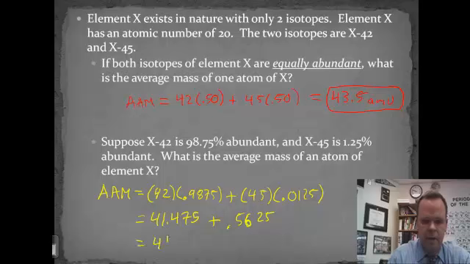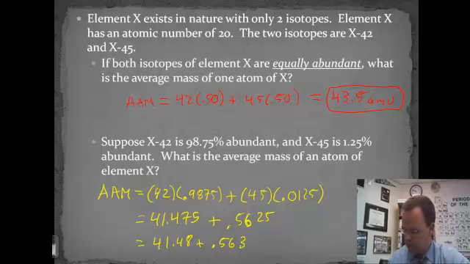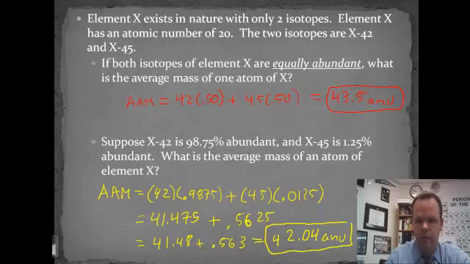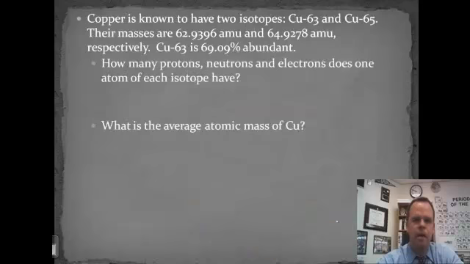So I'll round the significant figures, 41.48 plus 0.563, and end up, now I'm adding, so round to the least number of decimal places, 42.04 AMU. 98% is 42, so it's very close to a 42 average mass.